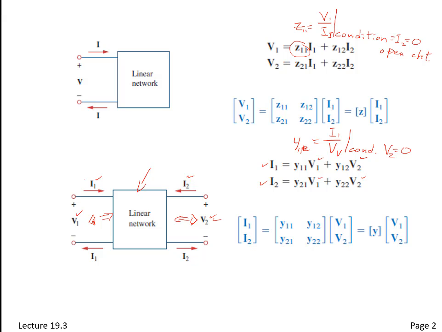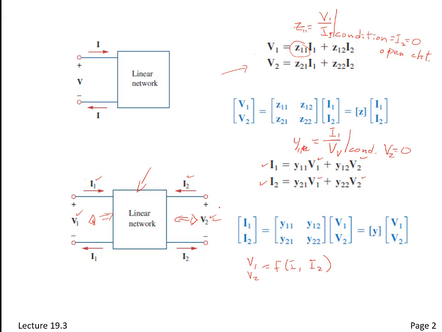Okay, so we started this chapter with these definitions, impedance and admittance. Okay? It turns out, obviously, saying these things are arbitrary, we could actually pick several ways we can assign things. We can have V1 and V2 as functions of I1 and I2, right? We did that up here.